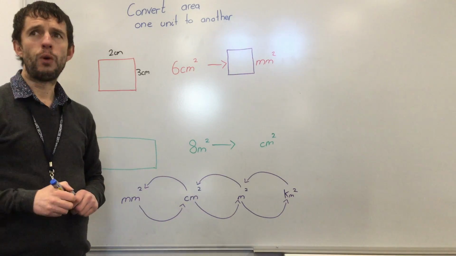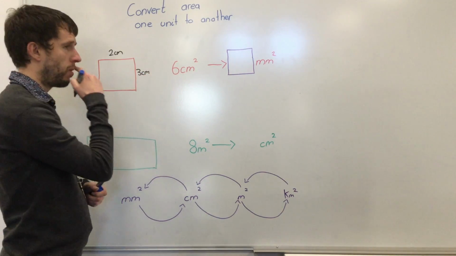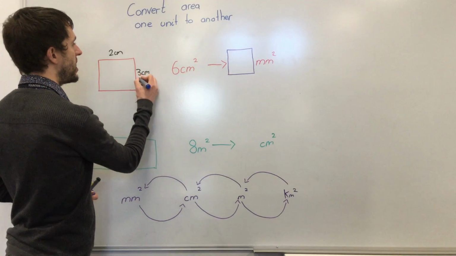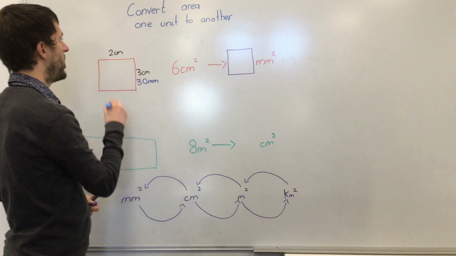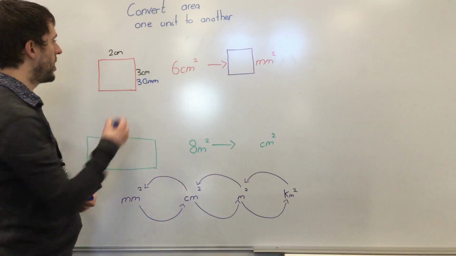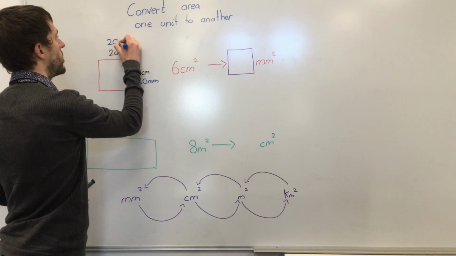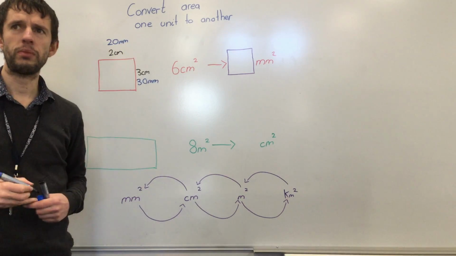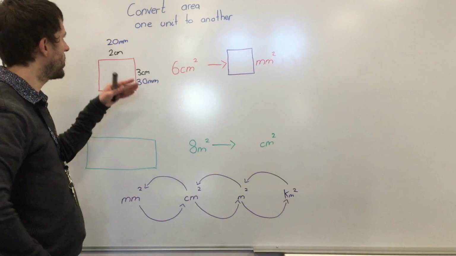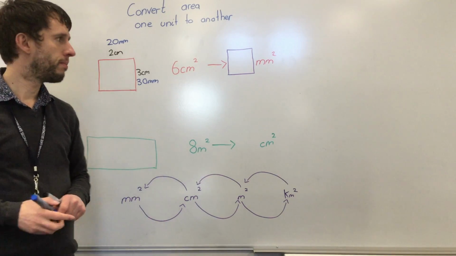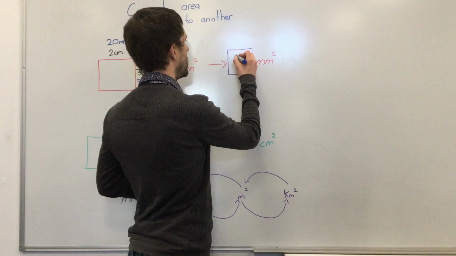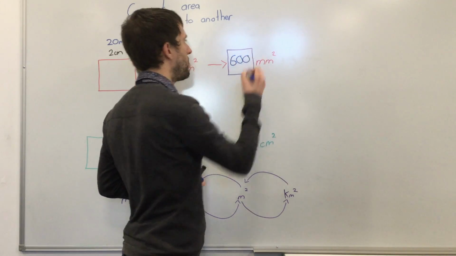So the first thing I would like us to do is think about, well, if I've got 3 centimeters, that is 30 millimeters. If I've got 2 centimeters, that is 20 millimeters. And then we times 20 times 30. So 20 times 30 is 600, and that gives me 600 millimeters squared.